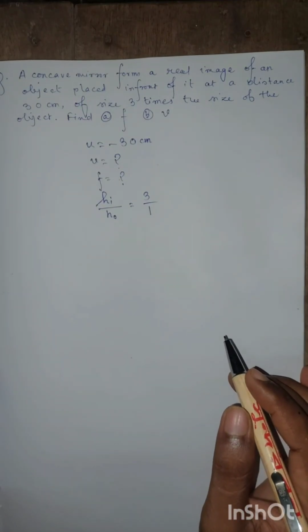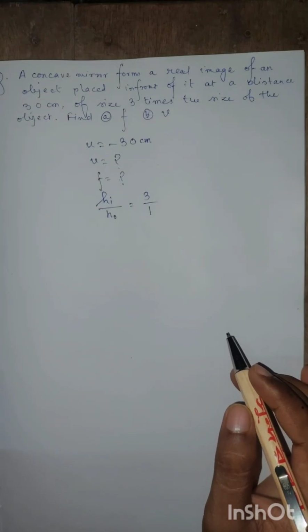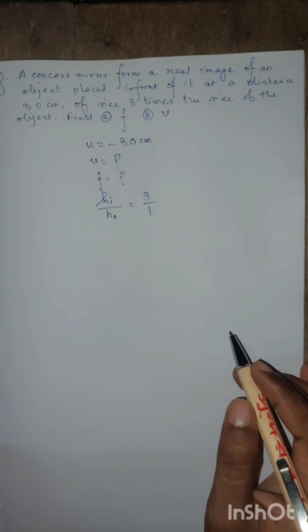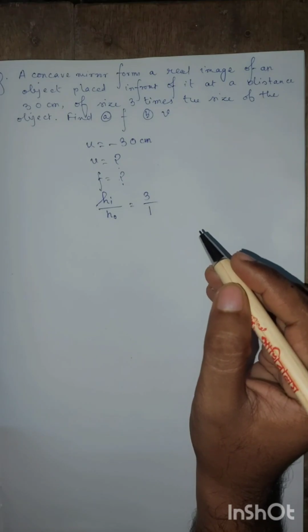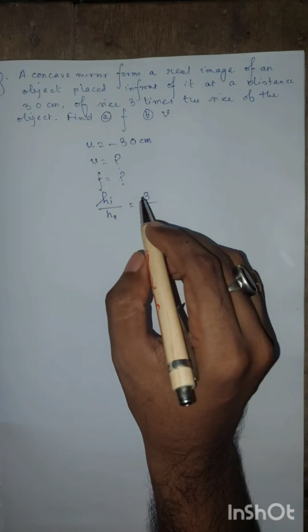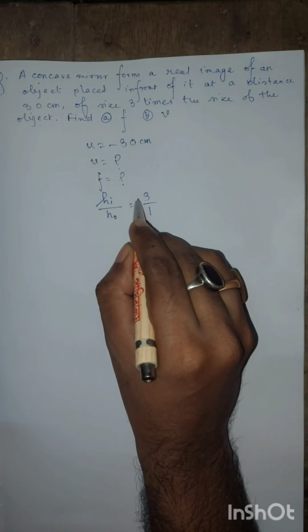For a concave mirror, the image formed is a real image. So the height of the image should be taken negative.